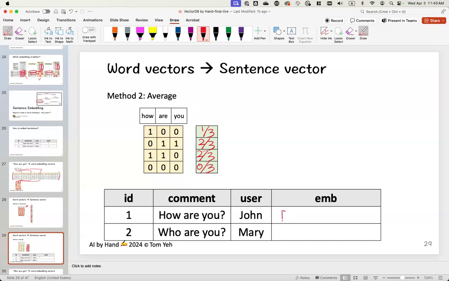I write it down and store it using the syntax we covered earlier: 1/3, 2/3, 2/3, and 0/3. Most likely we'll use the vector data type for this embedding column. Taking an average is pretty commonly used, but you could also use other things like a transformer. If I have time left, I could go through the transformer real quick.